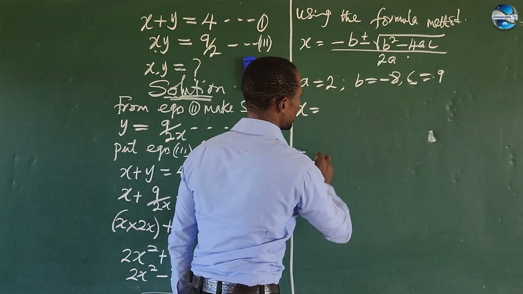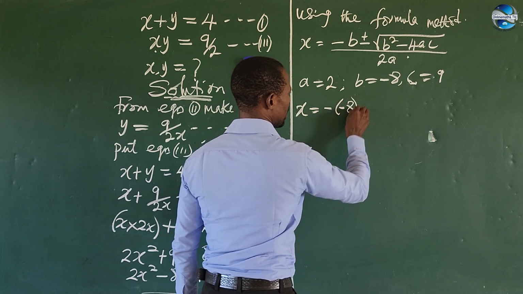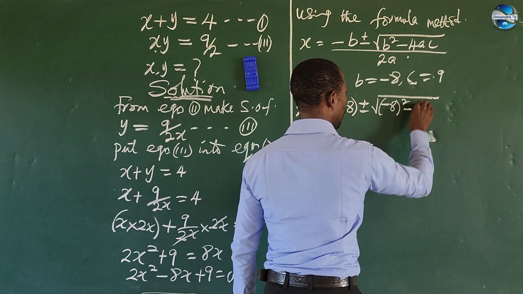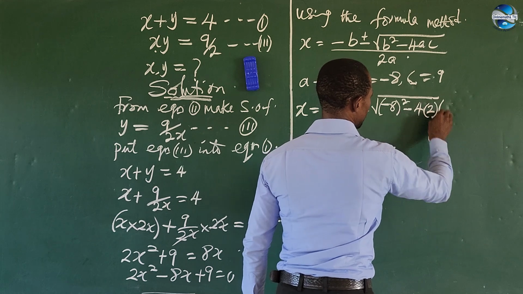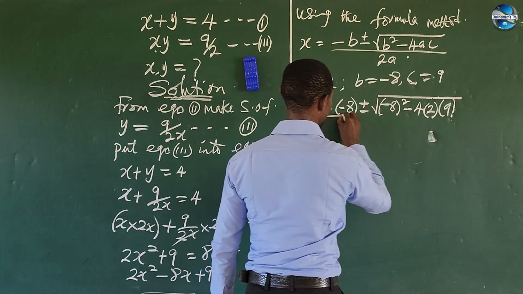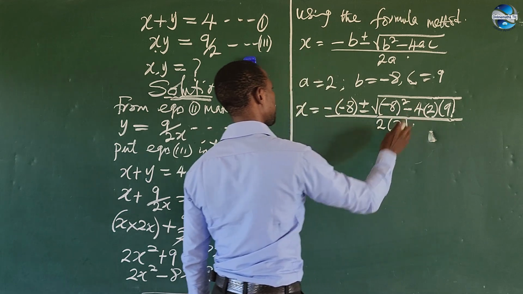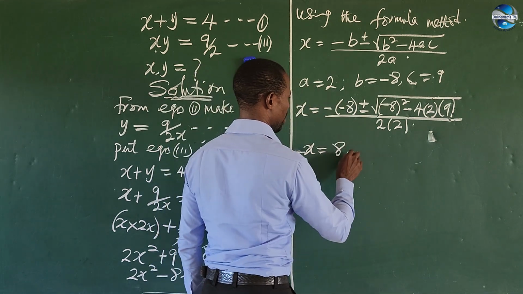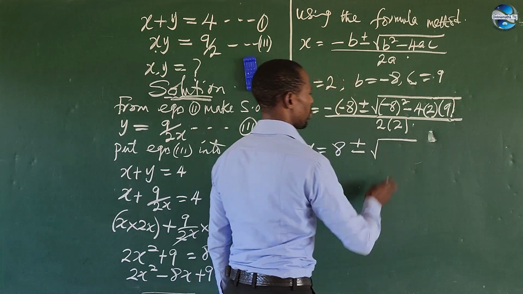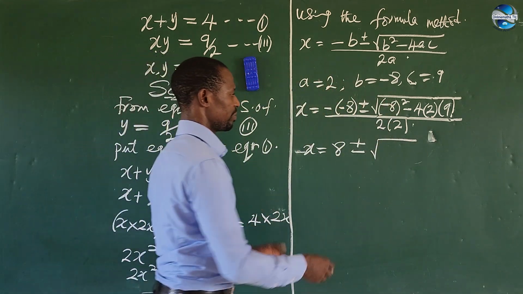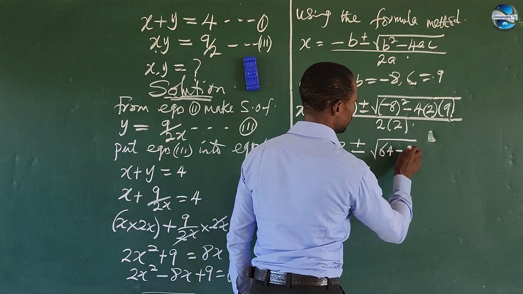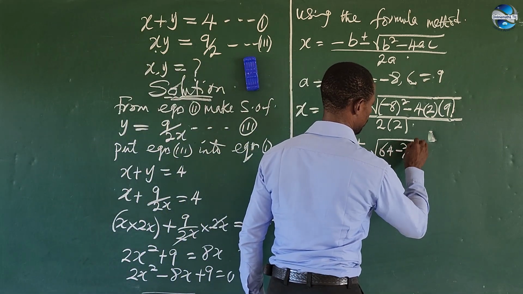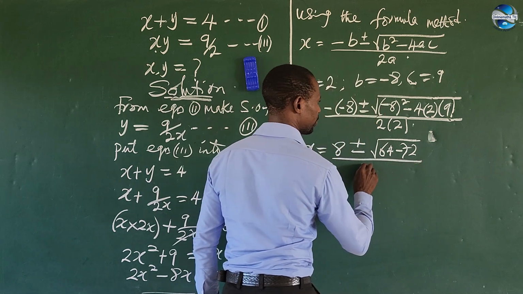So substituting, we're going to have x equal to minus bracket minus 8 plus or minus the square root of minus 8 to the power of 2 minus 4 into 2, then into 9, close bracket, everything all over 2 into 2. So this will now give us x equal to minus times minus gives plus, so we have 8 plus or minus the square root of minus 8 to the power of 2, which gives us 64, then minus 4 times 2 gives us 8, and 8 times 9 gives us 72, everything all over 4.